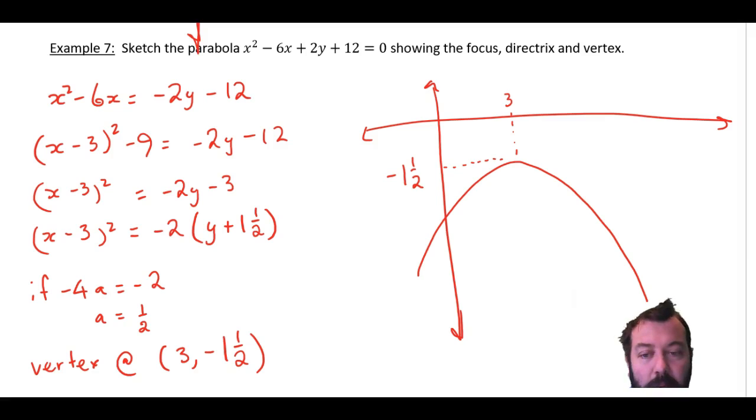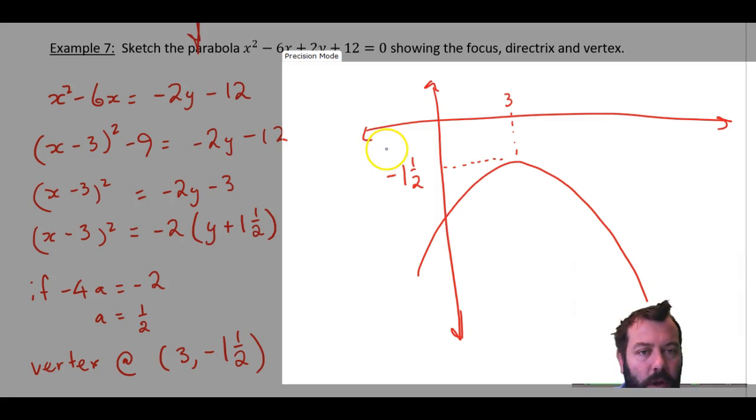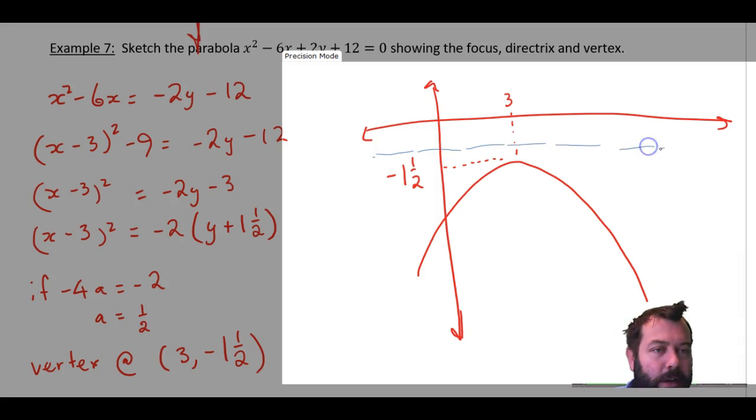What else do we know here? Now my focal length, we said, was 1/2. So in that case, my directrix is going to sneak in here. I might just change colours because it's getting a little crowded there. Right, I think then my directrix will be over here, and that's going to be y equals negative 1.